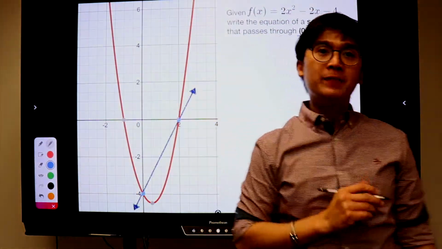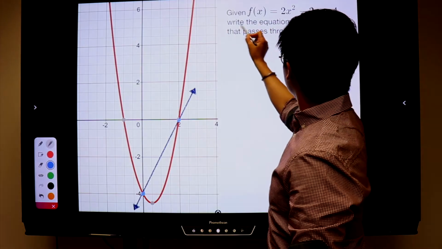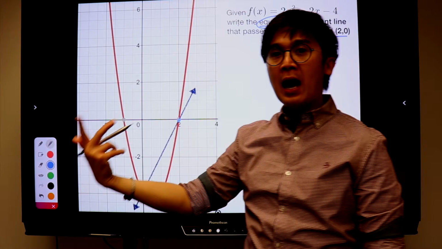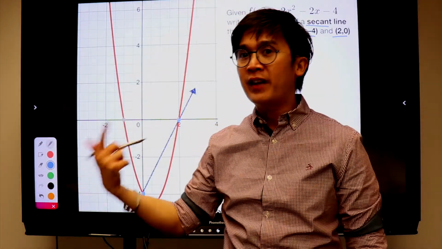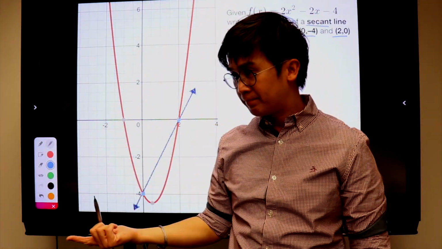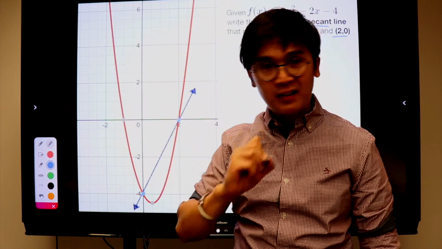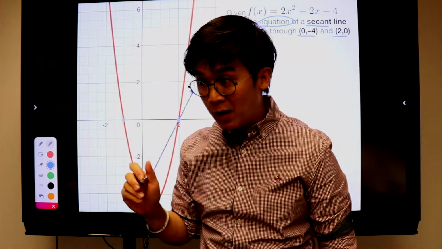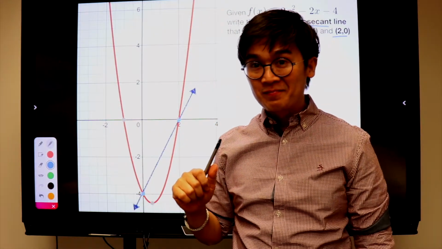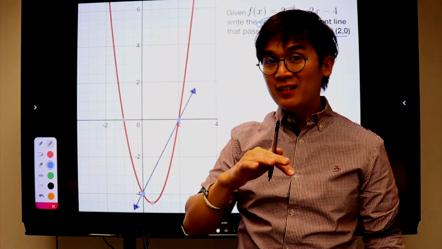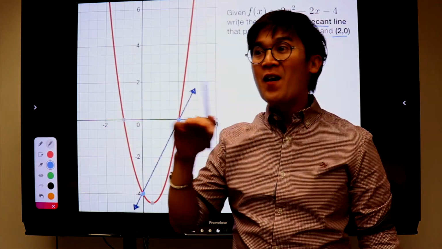All right, now, you're looking for the equation of a secant line. Do you remember how to write the equation of a line in an algebra problem? Do you remember how to write the equation of a line given 2 points in an algebra problem? y2 minus y1 over x2 minus x1.